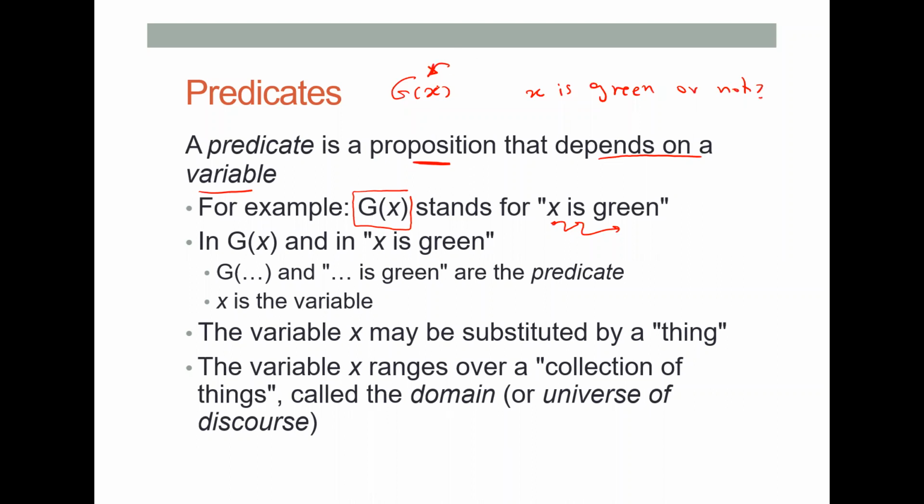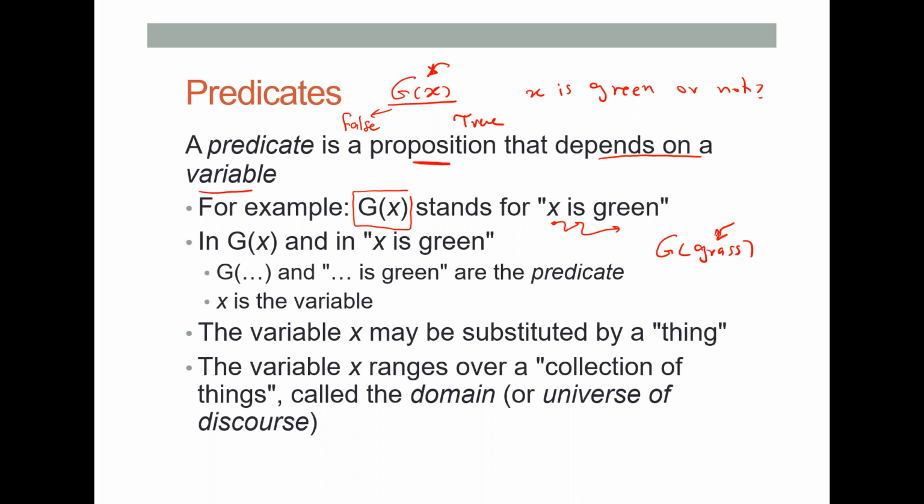So what's X? It could be anything that has a color, okay? And if the color of X is green, g of X would be calculated to true. And if X has a color different than green, it would be calculated to false. So, for example, now I'm gonna say G of grass.